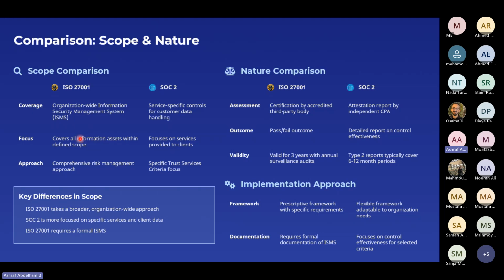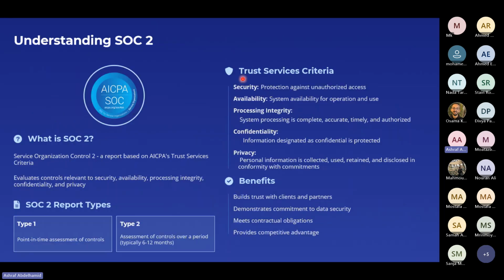But when we scope SOC 2, we can scope the geographical location, and then we also choose the trust service criteria that will be applied on that location. For example, let's say we have an organization operating in the UK and also in France, but the focus of the SOC 2 is only on the UK. That's fine.